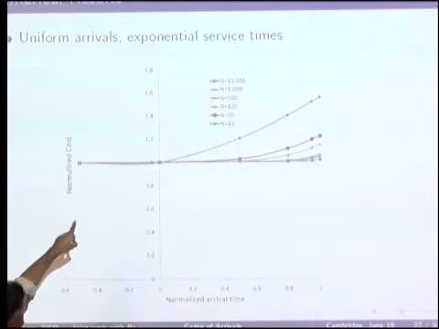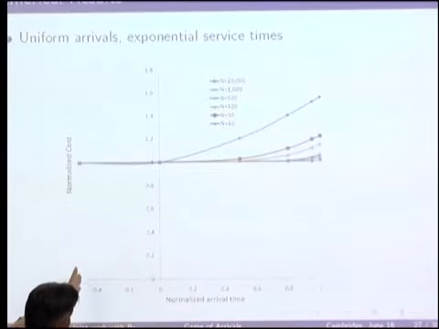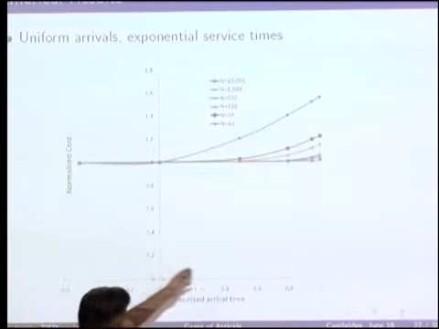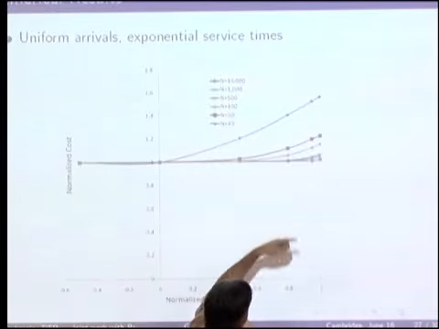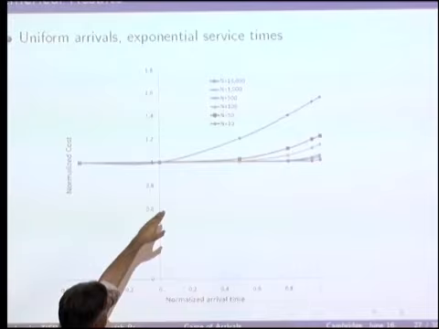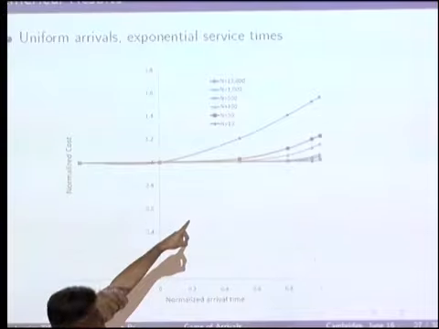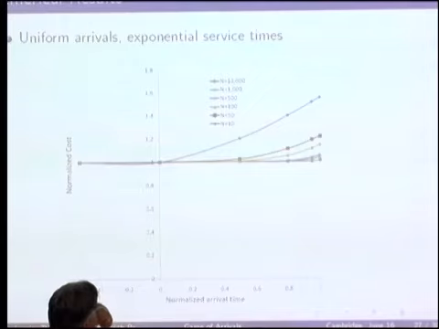So here we see that when we have 10,000 customers, that's true. At any time between this threshold that the theory tells us, and this is just 1 by mu here, the cost becomes more or less constant. But for small n, for n equal to 10, the cost is much higher for coming later than for coming earlier.